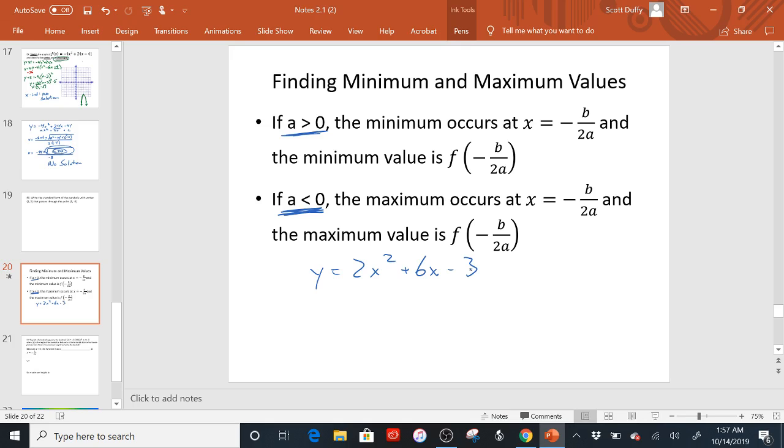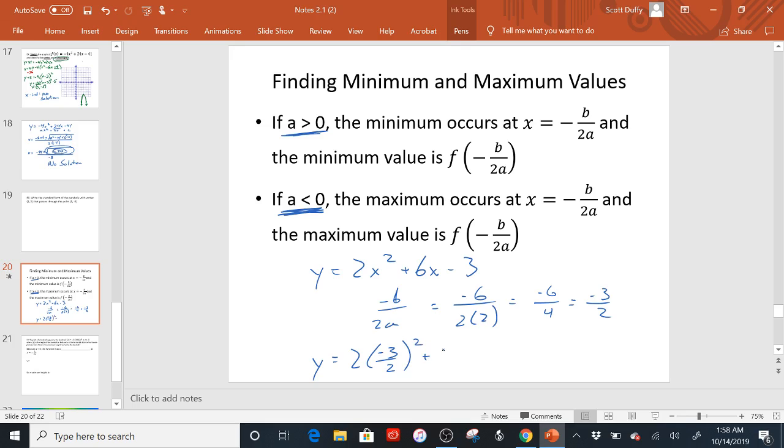But if you wanted to know what the x value of the vertex would be, all you would have to do is take negative b over 2a, which is negative 6 over 2 times 2, which is negative 6 over 4, negative 3 halves. And then that's the x value of the vertex. And then the y value you would find by plugging it in. If you don't get this, that's fine.